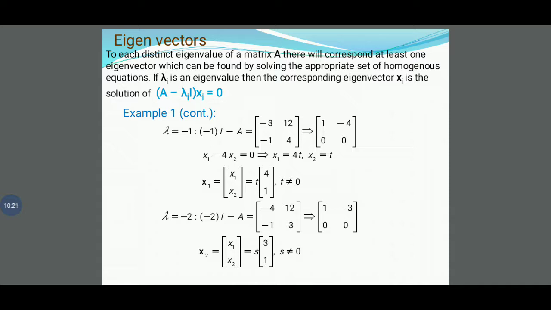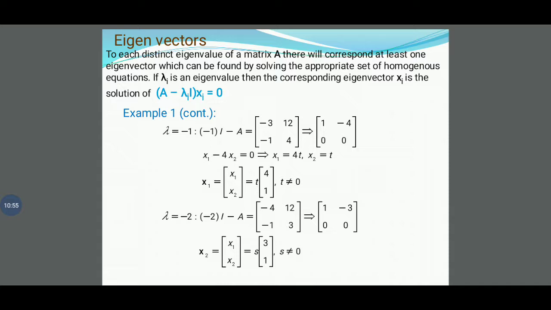Just subtracting, we get r1 upon 3 minus r2. If you do the transformation, we get 1 minus 4, 0, 0. After converting this matrix into equation form, x1 minus 4 times x2 is equal to 0. Therefore, we consider one solution, x2 is equal to t, so that x1 is equal to 4t. That is, x1, x2 equals 4t, t.